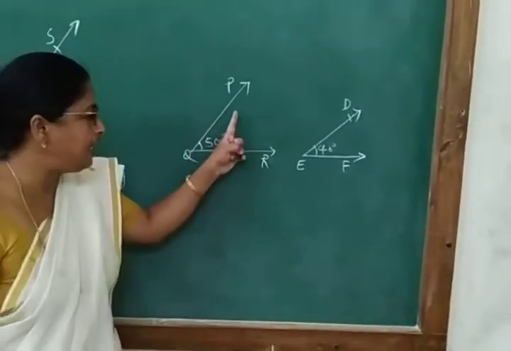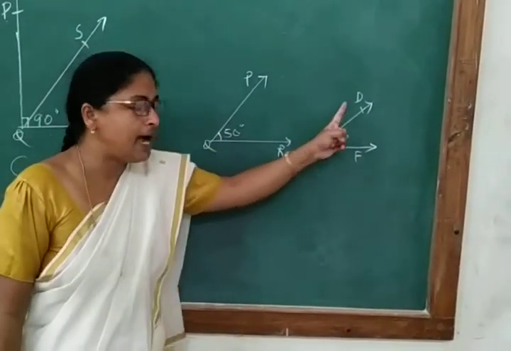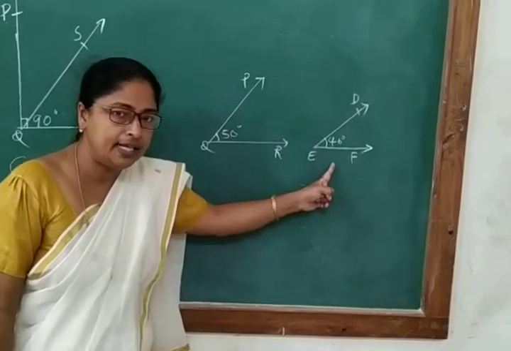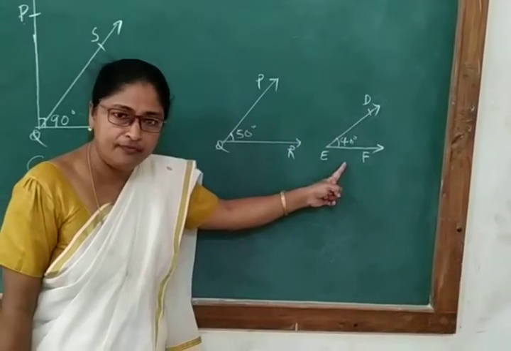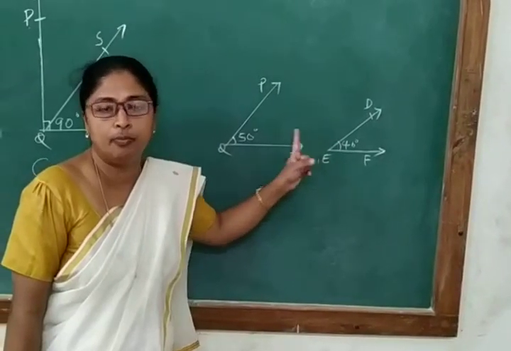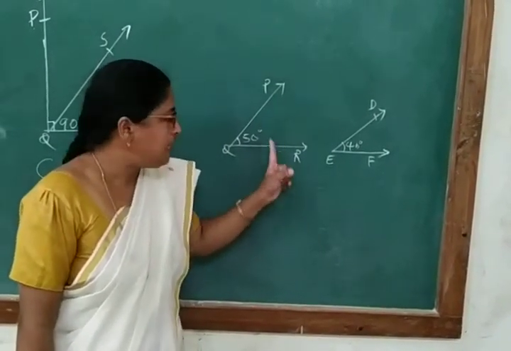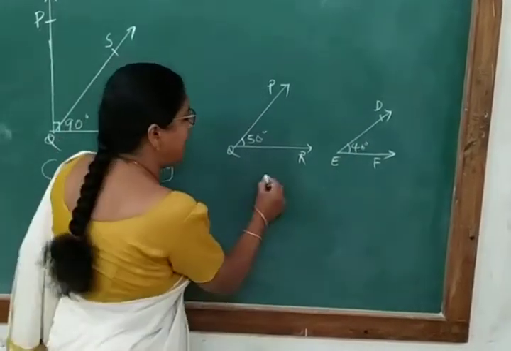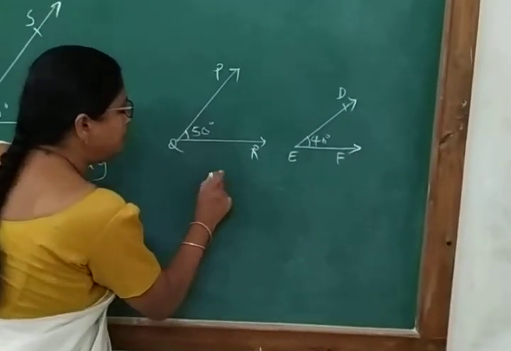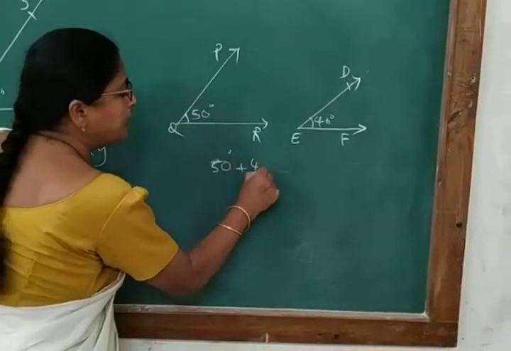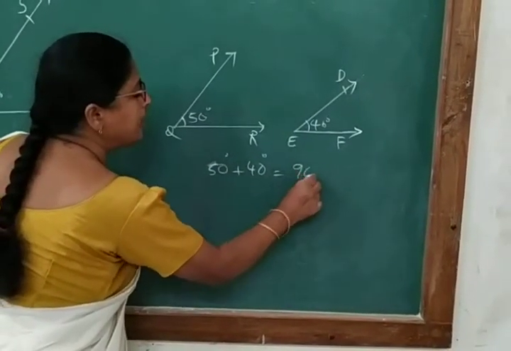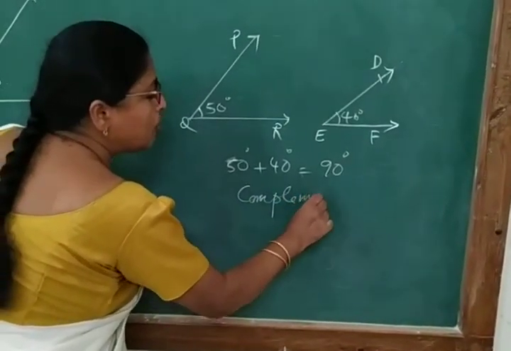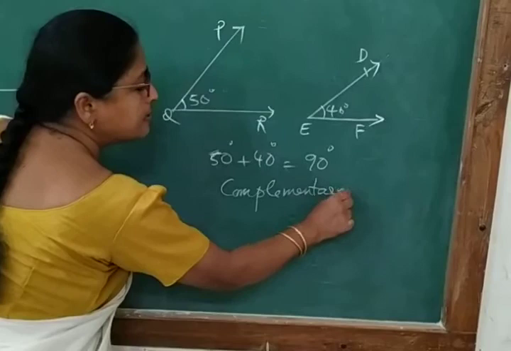There are two angles, angle PQR and angle DEF. They are not adjacent angles because they do not have a common ray or common arm. But the sum of the measures of those two angles, 50 degrees plus 40 degrees, is equal to 90 degrees. So they are also called complementary angles.